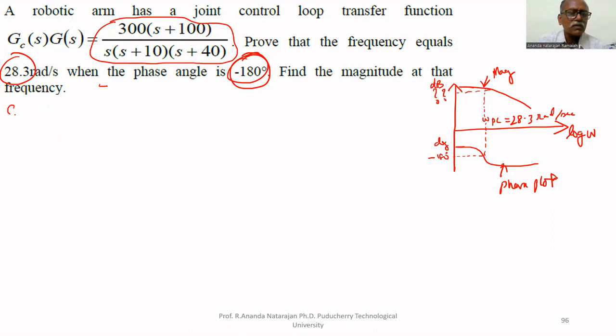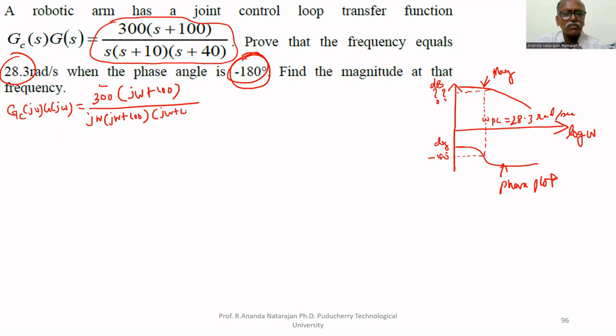First part is GC of j omega, G of j omega equal to 300 times j omega plus 100 upon j omega, j omega plus 10, j omega plus 40, replacing S by j omega. So the angle of GC of j omega, G of j omega at omega equal to omega PC, that is omega equal to 28.3, must be equal to minus 180, we have to prove.